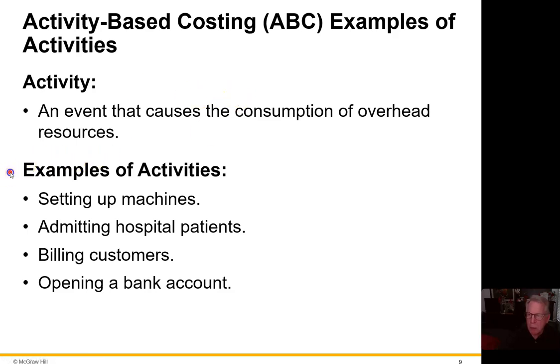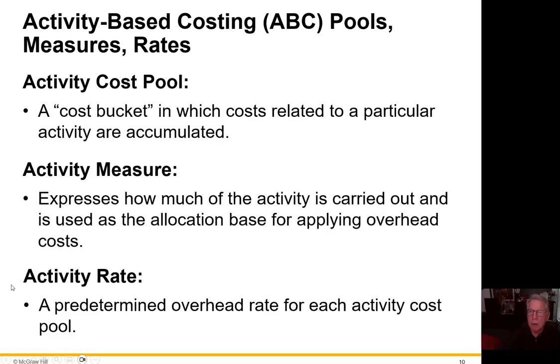So some examples of activities would include setup time on machines, the cost of admitting hospital patients, billing customers, opening a bank account. Okay, so an activity cost pool then is a cost bucket, as it's called, in which costs related to a particular activity are accumulated.